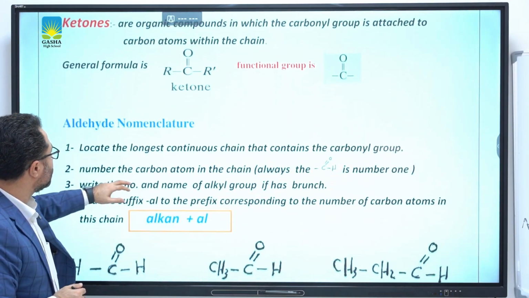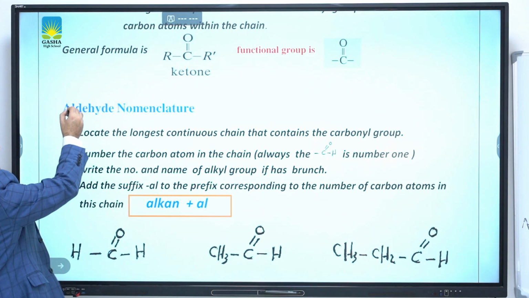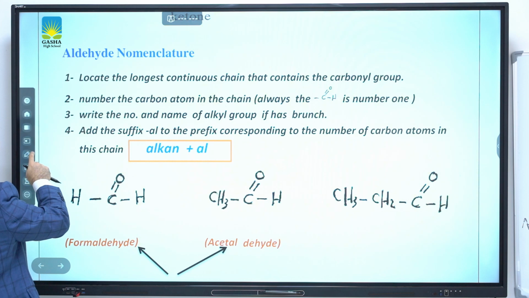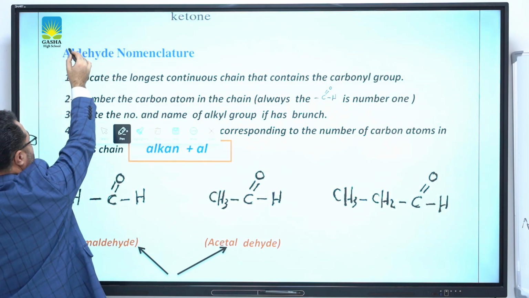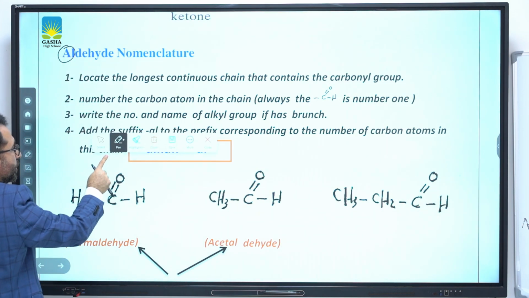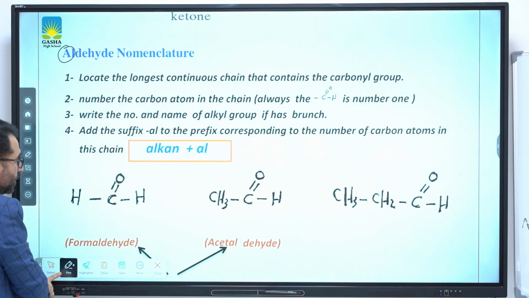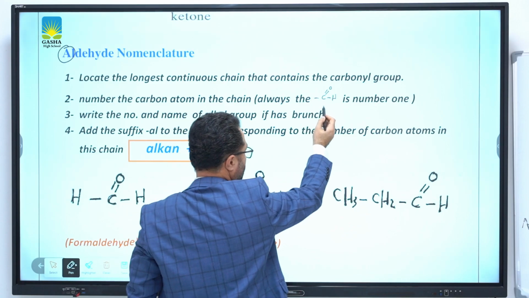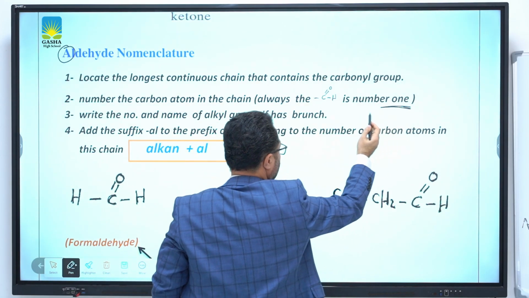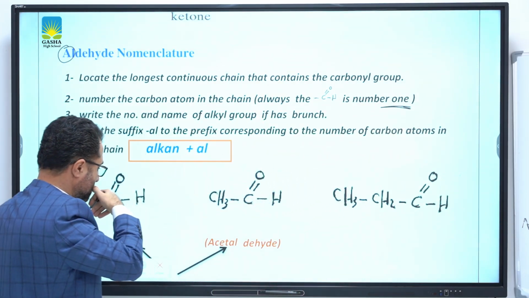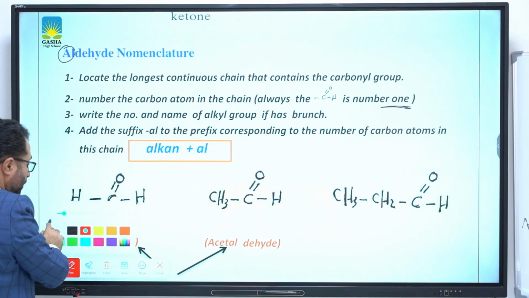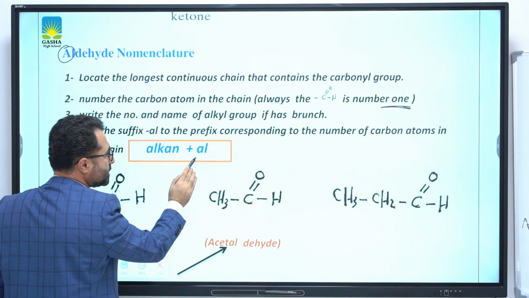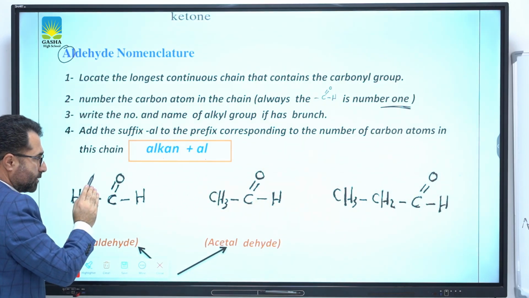The nomenclature of aldehydes: you have to add "al" to the name of the alkane. The carbon that has the carbonyl group, C double bond O, is always number 1, and you number from the side that has the C double bond O. Then write the number of carbons in the parent as alkane plus "al".